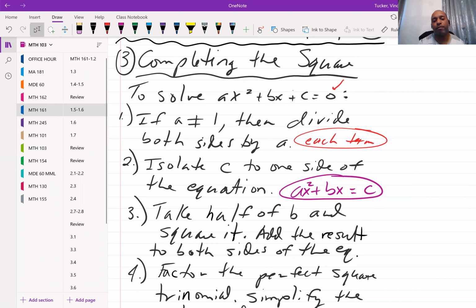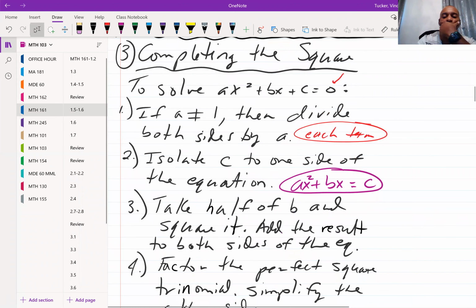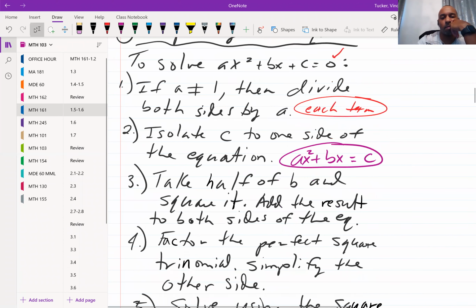Step 3, we'll take half of B and square it, and then we'll add the result to both sides of the equation. Step 4, factor the perfect square trinomial, simplify the other side.